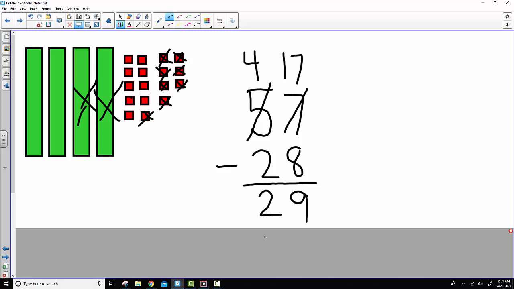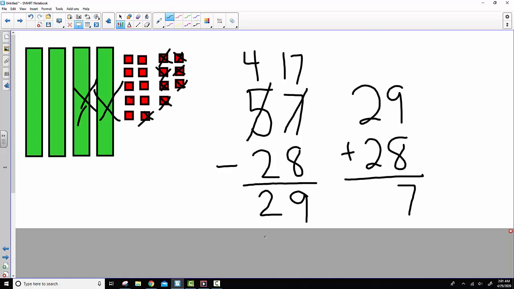Again, we always check subtraction with addition. So taking the difference, 29, adding the subtrahend, which is 28, we're hoping to find the minuend of 57, which is what we started with. So 9 plus 8 is 17.